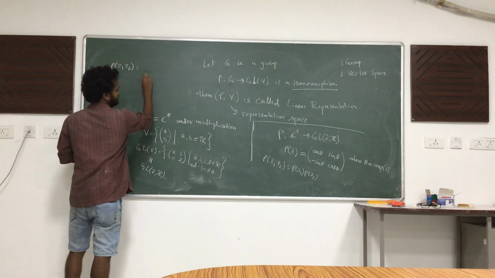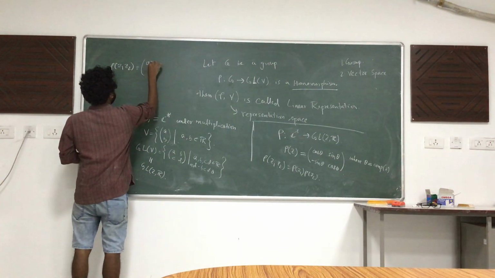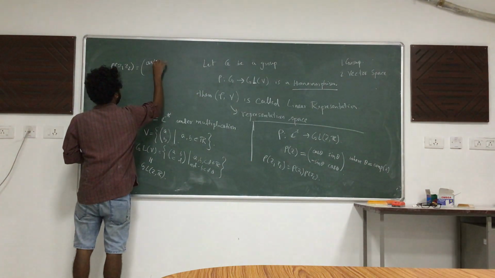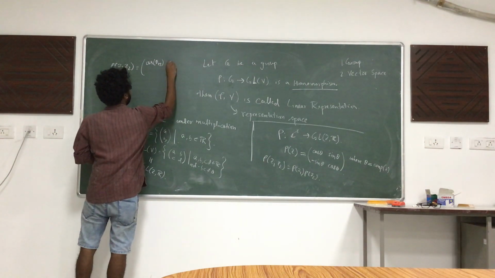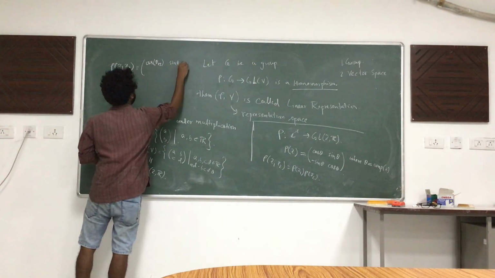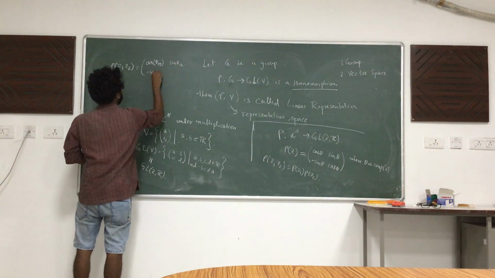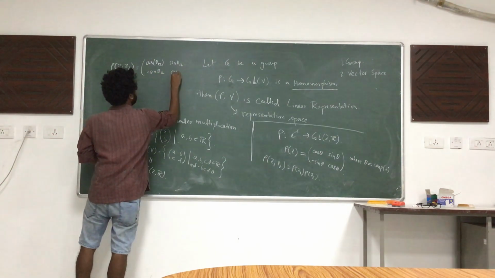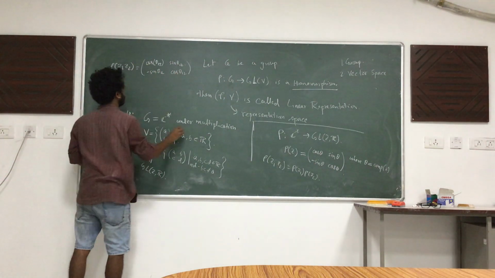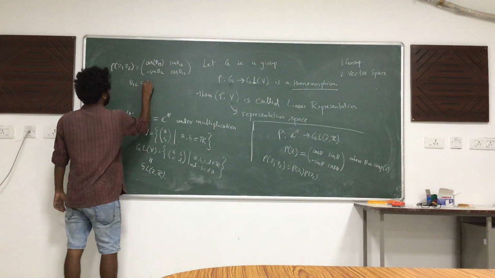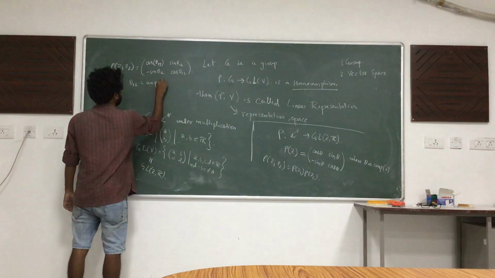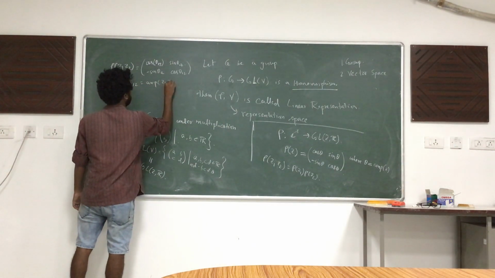It will be cos theta 12, sin theta 12, minus sin theta 12, cos theta 12, right? Where theta 12 is the amplitude of Z1 Z2.